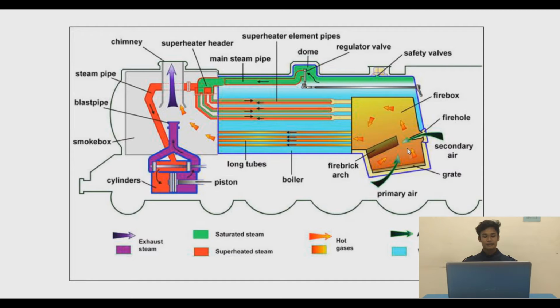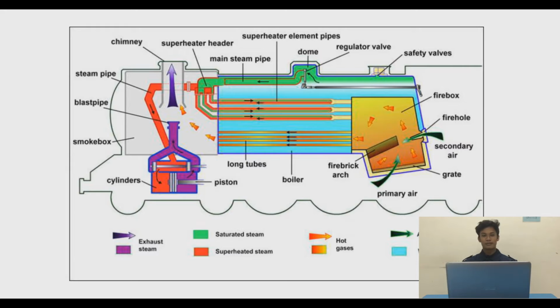The firebox allows heat and smoke to escape the chamber through so-called fire tubes, running the length of the boiler. The boiler wraps around the firebox and fire tubes, thus heating the water to its boiling point, creating the steam.